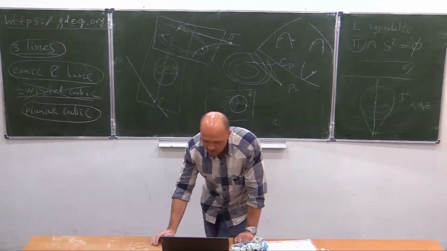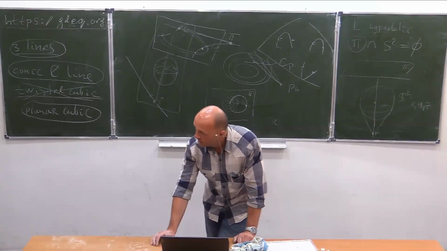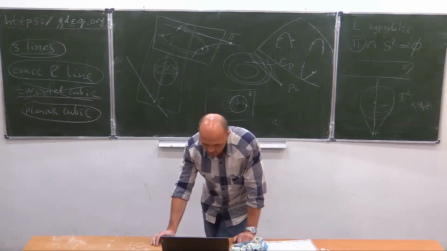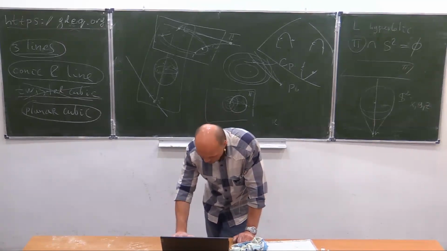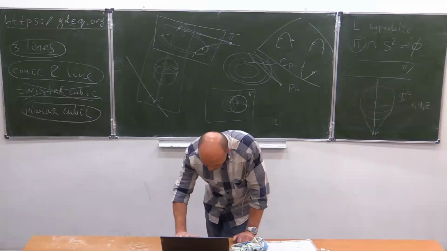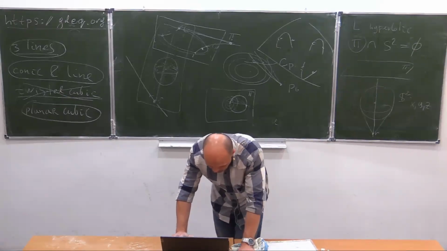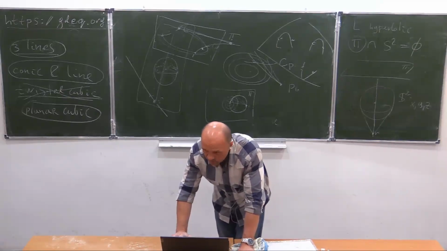This one, I think I have seen in the book of Blaschke, Introduction to Web Theory. Well, this one is 13. 13 is made by concentric circles and tangent lines to one of these circles.